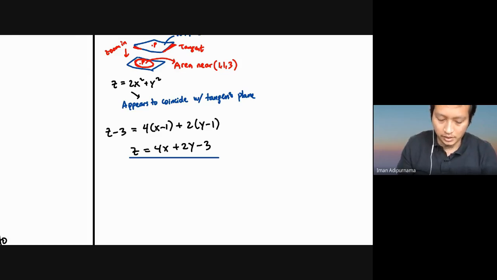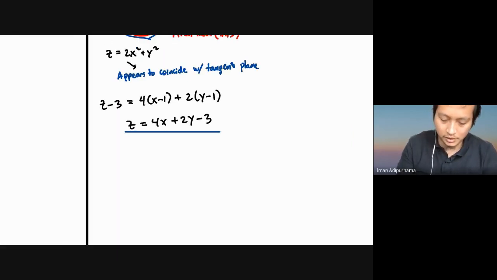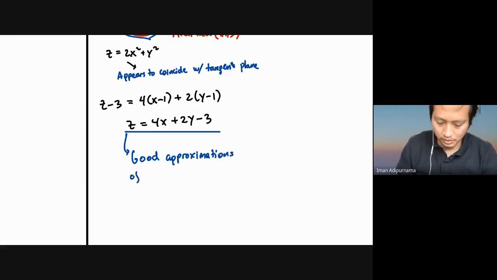Okay, and these equations become good approximations of the surface when the point is near (1, 1).